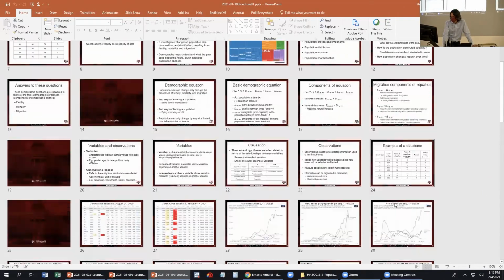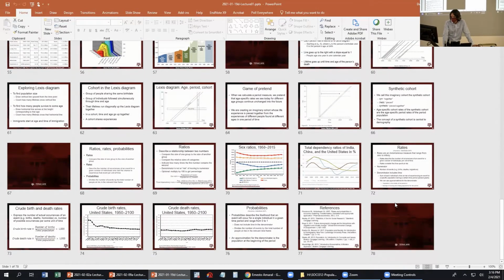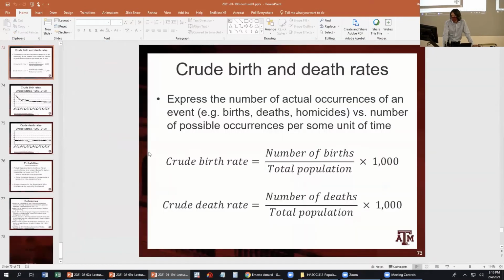Let me get the slide specifically. This is the slide from the introduction, slide 73. For the crude birth rate, you take the number of births divided by the population.